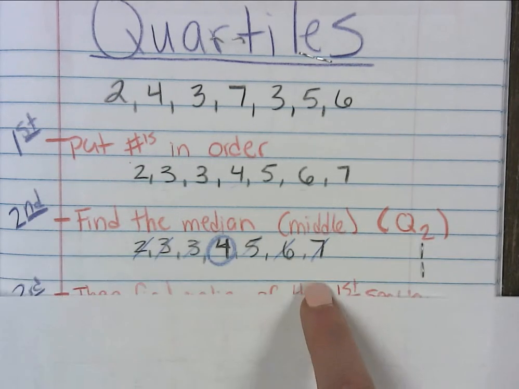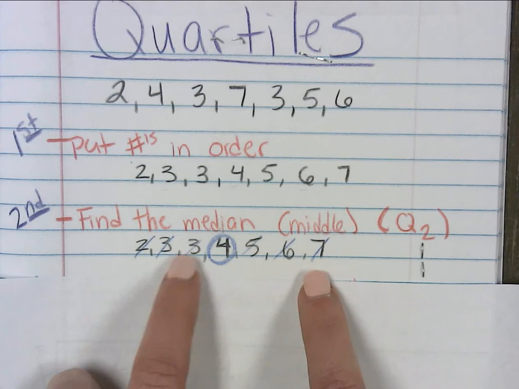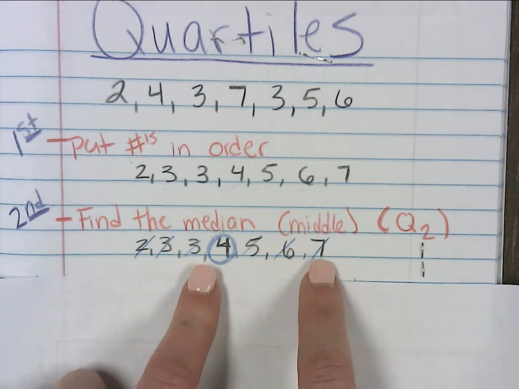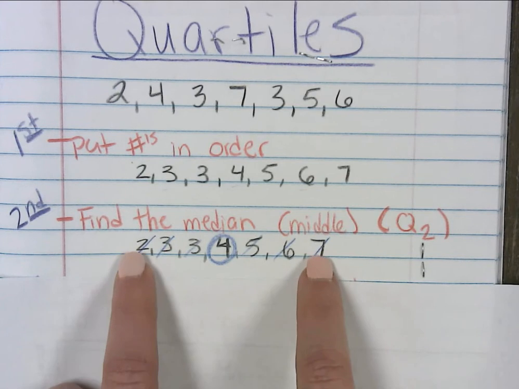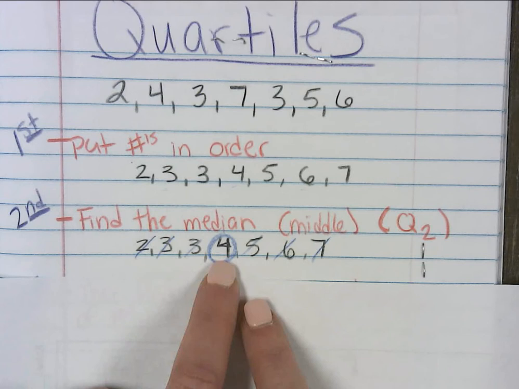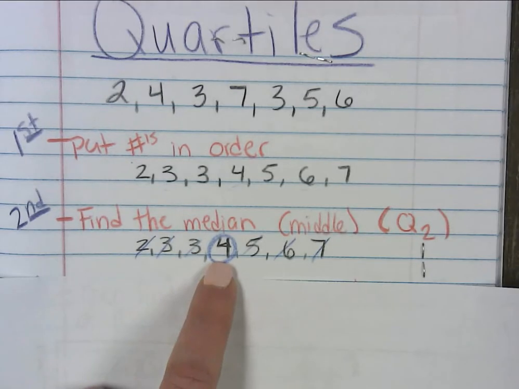So let's take our number set. We had 2, 3, 3, 4, 5, 6, and 7. Remember, median means the middle, so when you start from the outside numbers and work your way in, our middle number is 4. So when they were telling you to find the second quartile or quartile 2, that's just 4. That means your median.